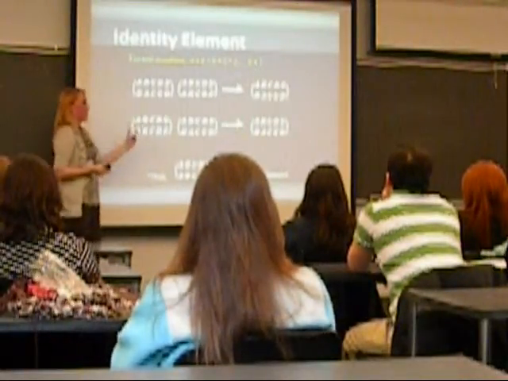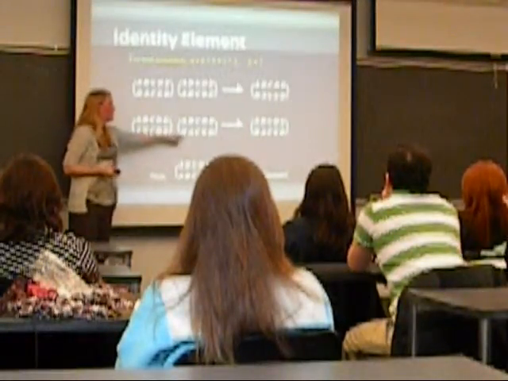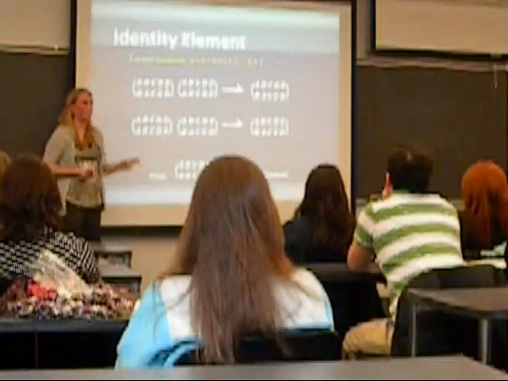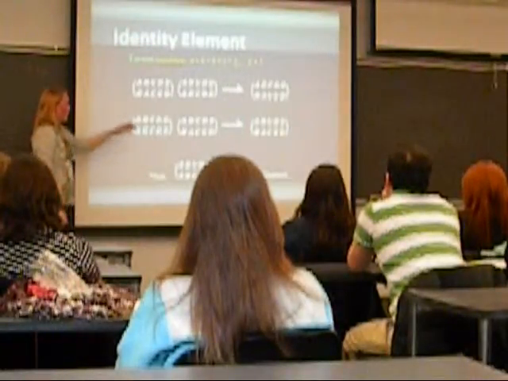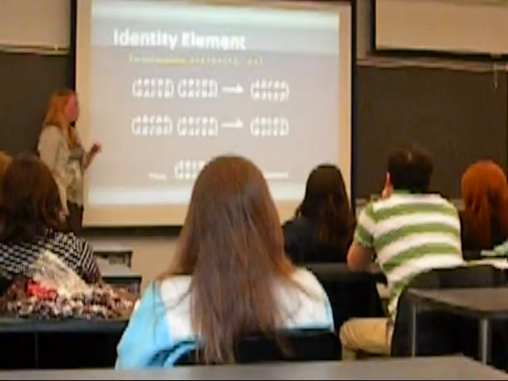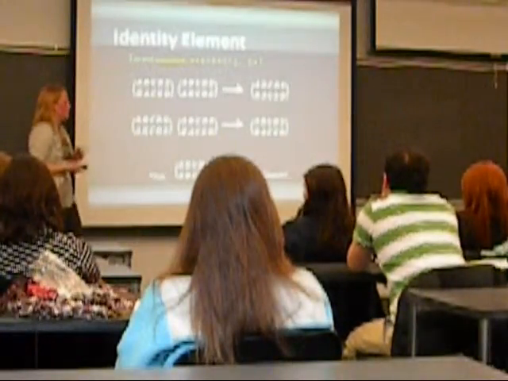And similarly, if we switch them, so we have the first permutation up here being combined with the second permutation, we'll get the same result. Therefore, this A goes to A, B goes to B, C goes to C, D goes to D, and E goes to E is the identity element.